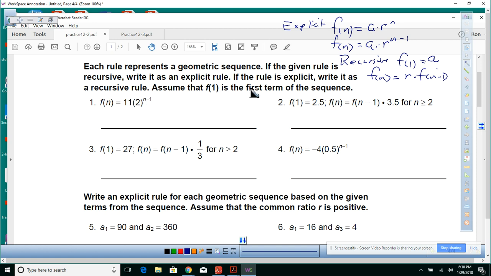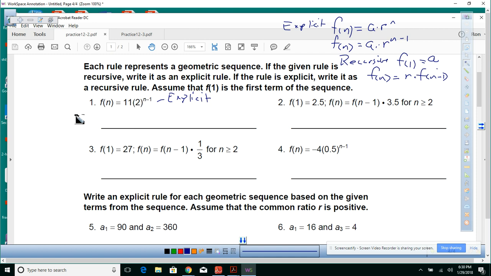All right, so let's take a look at 1. What kind of a rule is that? Looking up here, that looks to be explicit, so I need to write a recursive rule.